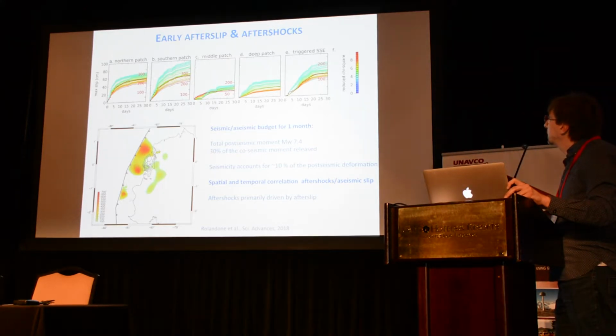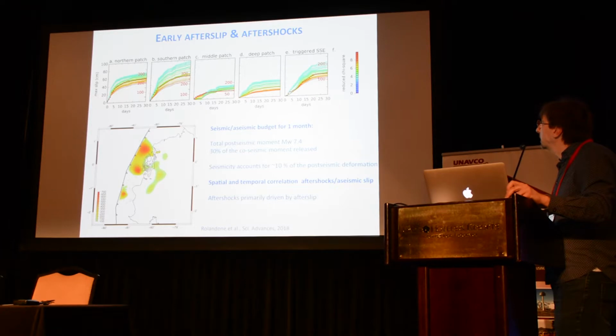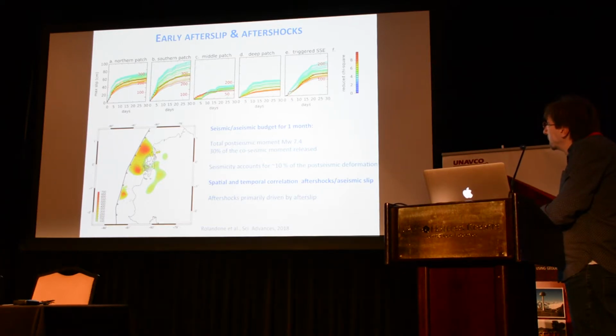Of course, there are some uncertainties and some issues of resolution on the slip on the interface, and these curves show different models allowed by the data. But I would like to mention that the red dots here are the cumulative number of aftershocks as a function of time for a given patch. Here, this northern patch.